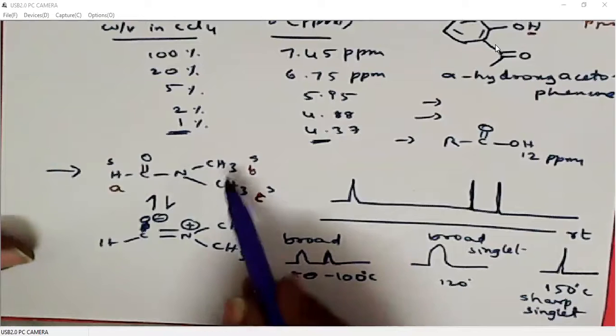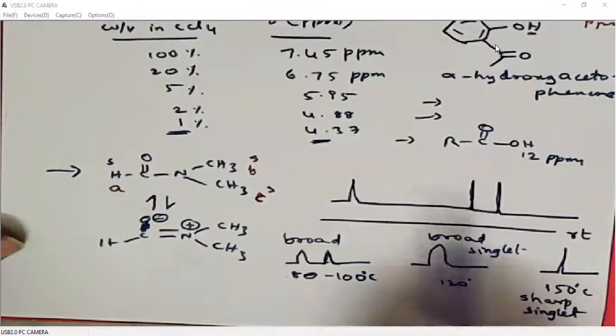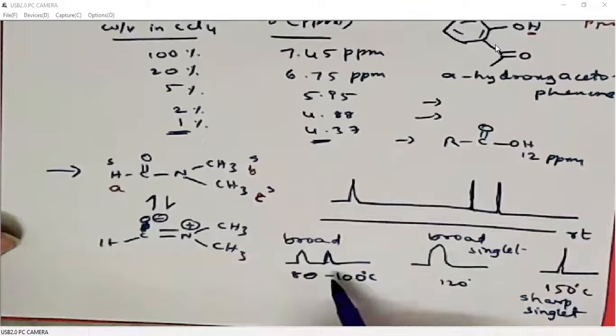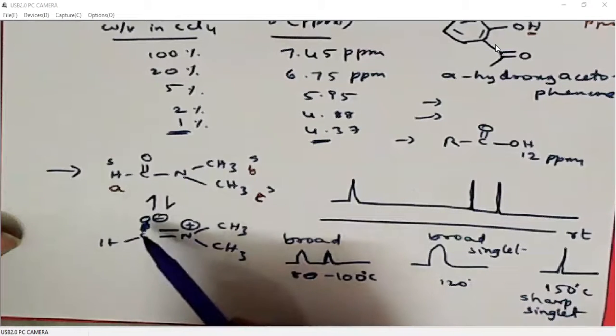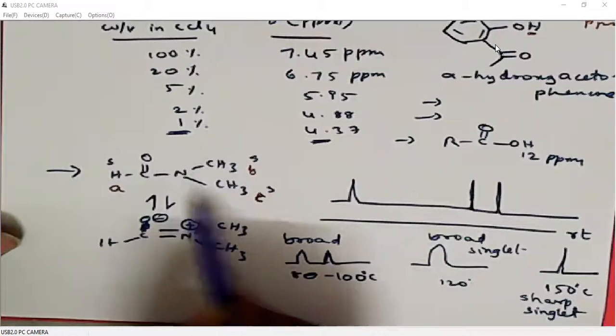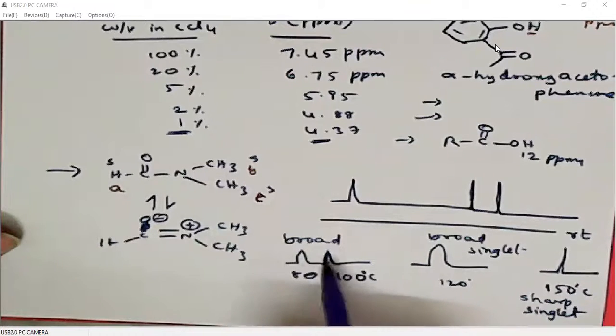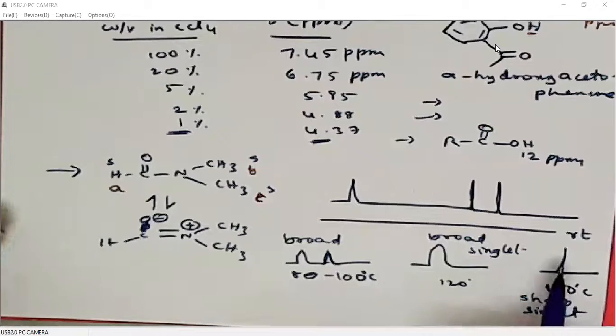Amide protons or carbons will give two different singlets. But when we increase the temperature, the conversion becomes very fast, so that most of the time it will exist like this. Because of that, first they become broader, then they merge together to give a broad singlet, and at very high temperatures it becomes a sharp singlet.